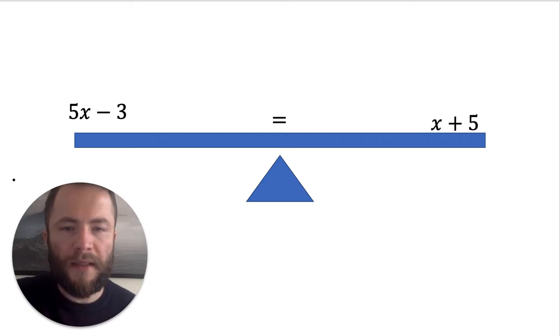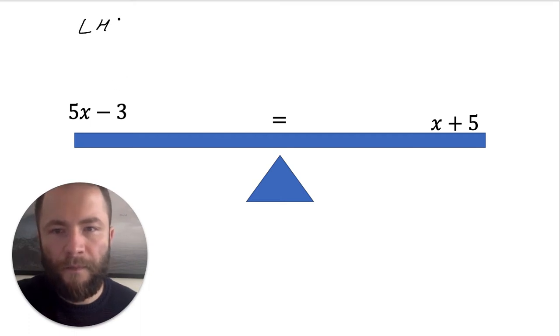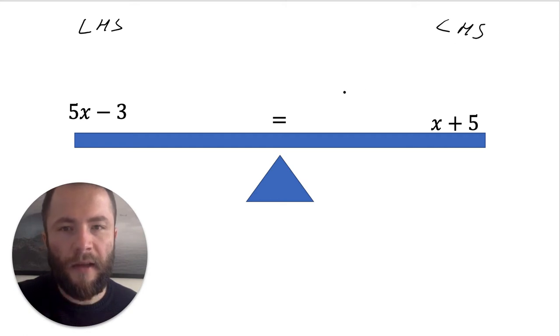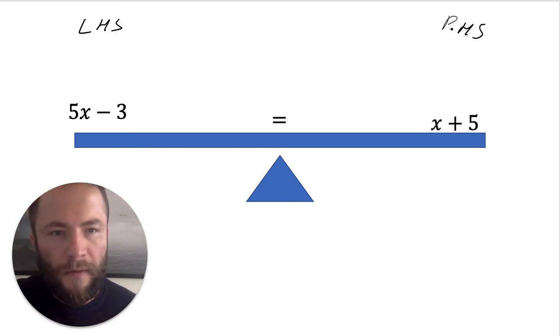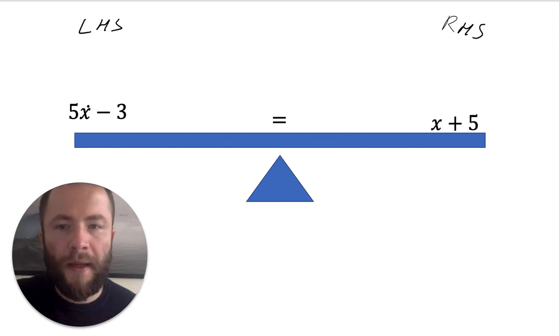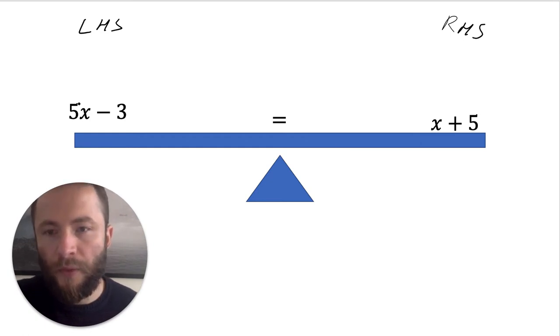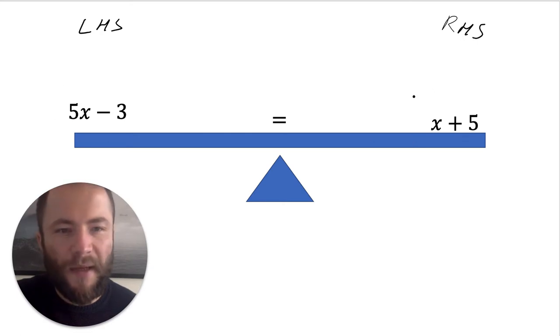The first thing to recognize is that an equation is like a little balance. The left-hand side is in balance with the right-hand side. What it means is that the numerical value of this expression, when the solution for the unknown variable is found, is the same as this number.